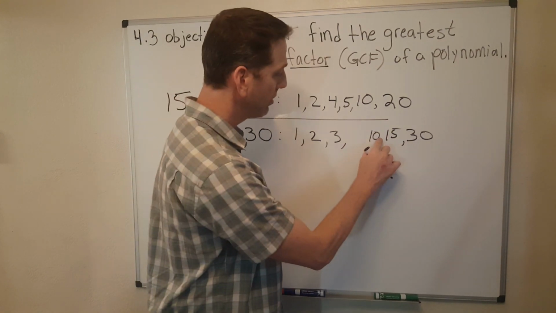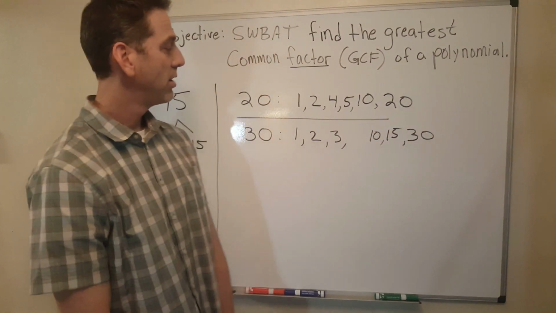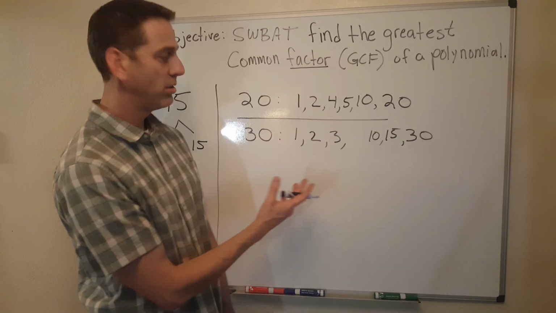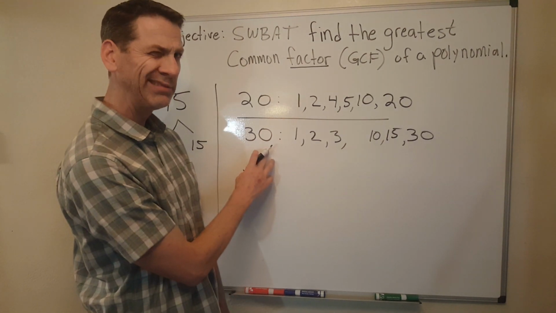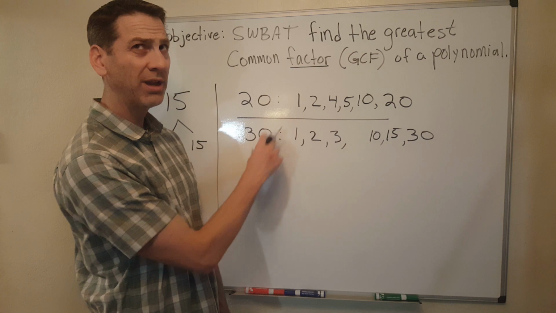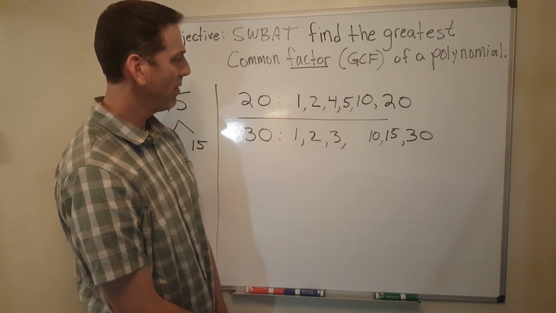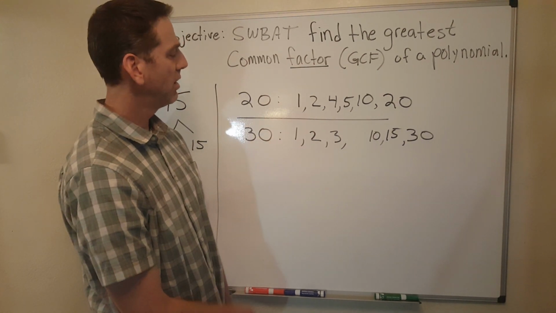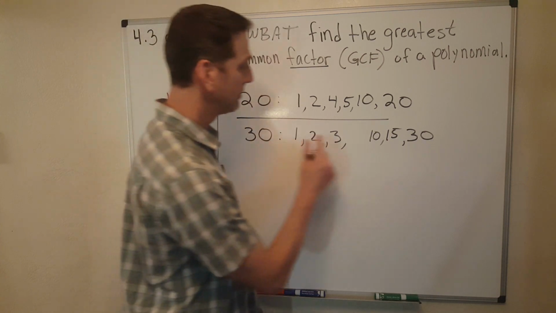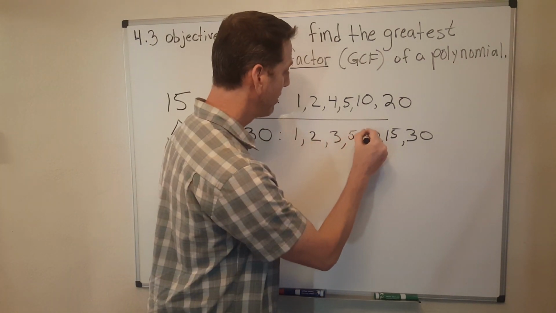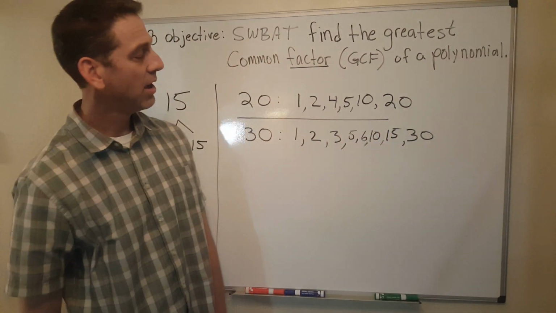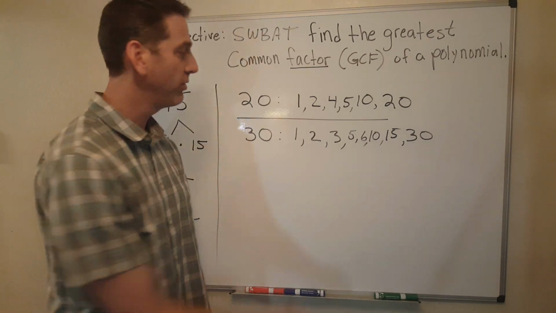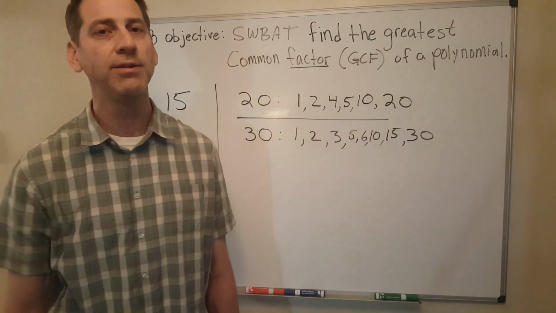Oh, I'm running out of space here. How about 4? Will 4 go into 30 evenly? No, 4 times 7 is 28. How about 5? Yeah, 5 times 6. So 5 and 6 are both factors of 30. So these are all of my factors for 30.